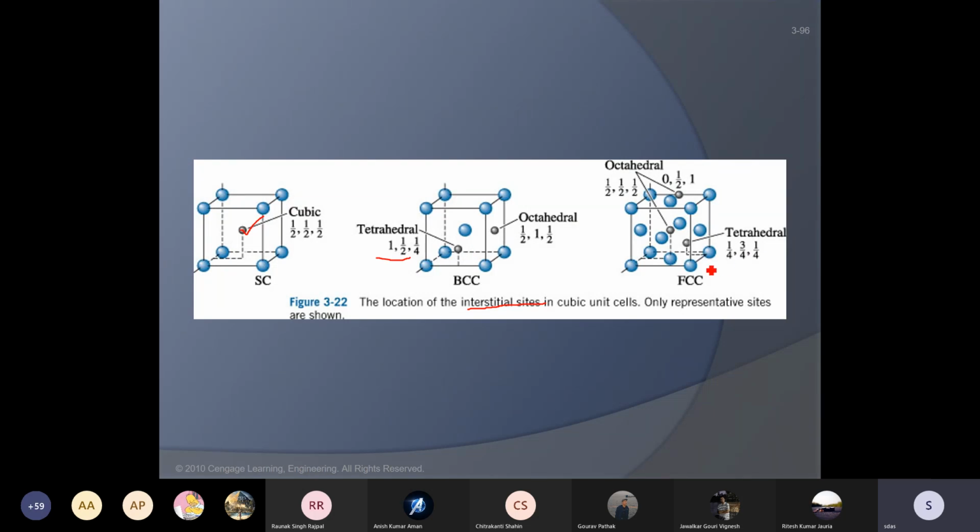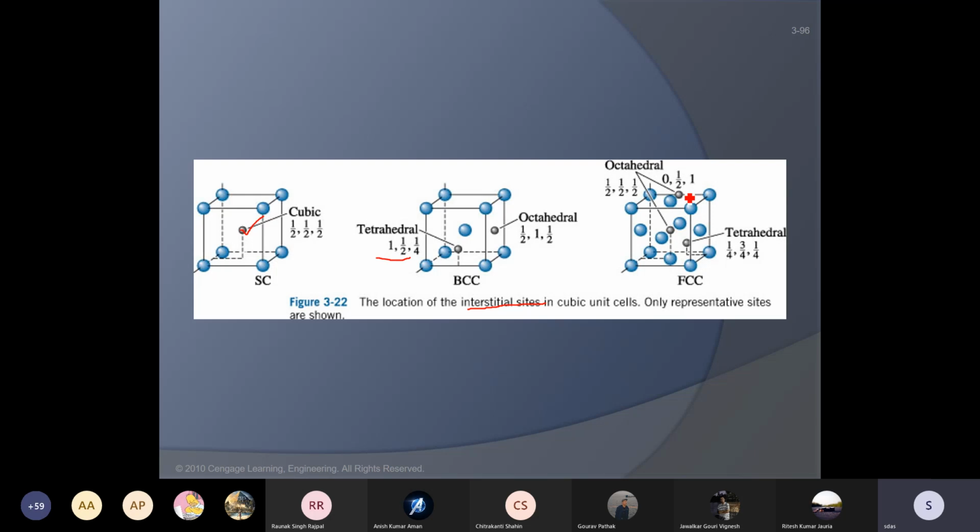Iron at an elevated temperature above 910 degrees Celsius, up to a certain temperature I will show you later on, has the face-centered cubic structure. In the same iron, the body center position and the edge center position are not lattice sites. But if an atom, carbon atom, occupies that space, they are called interstitial atoms.